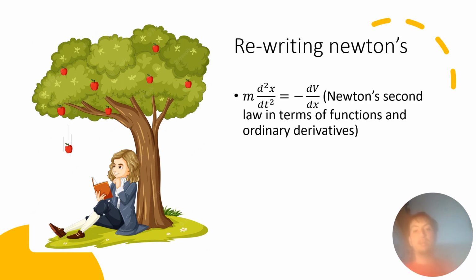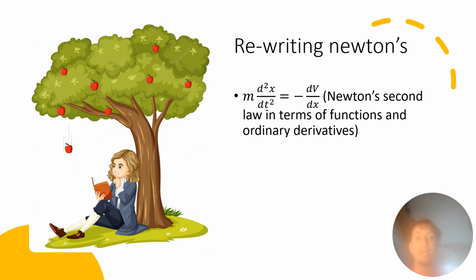So, Newton's second law can be written as the equation here, where we have mass times acceleration, and remember acceleration is the second derivative of position with respect to time, is equal to the force. But the way we think about force classically is a force has a potential associated with it, and the potential and force are associated such that the force is minus the derivative of the potential.